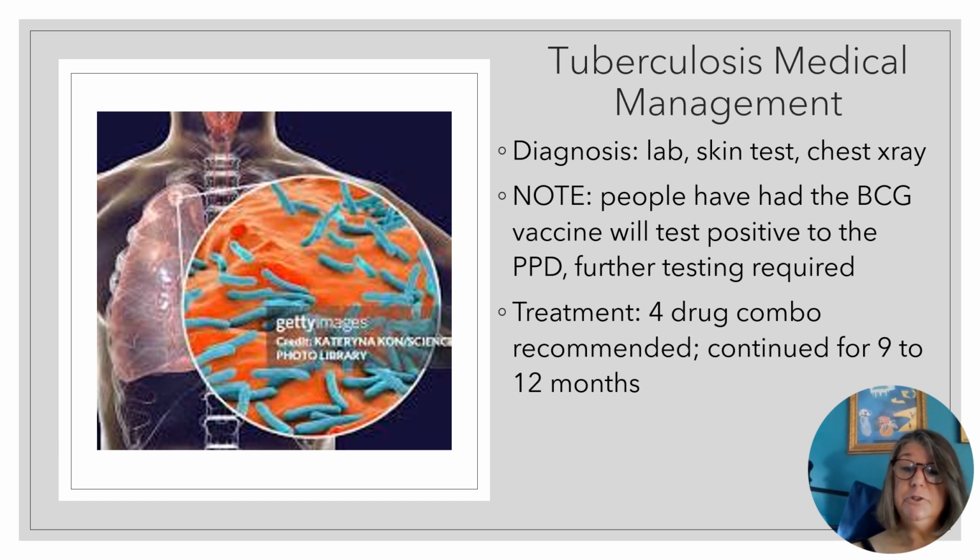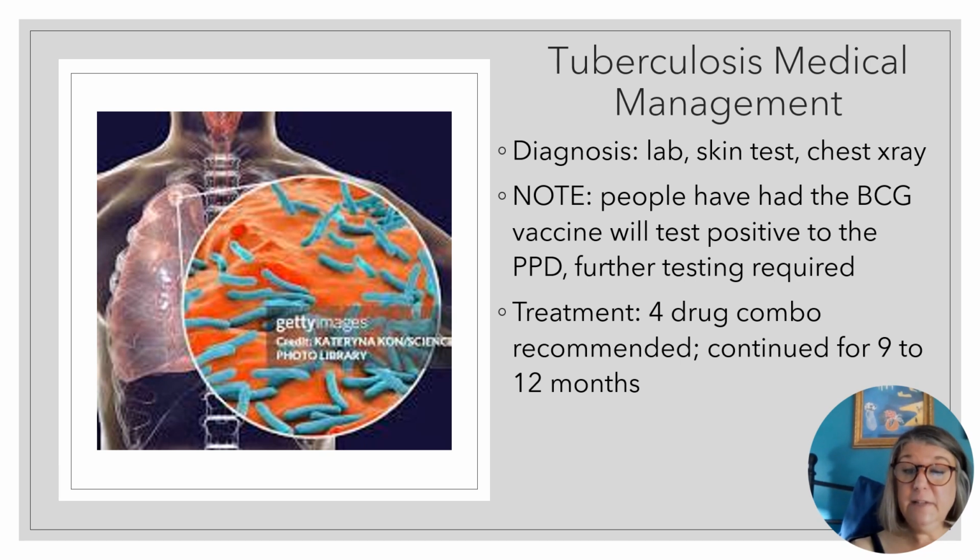Treatment for tuberculosis is a 4-drug combo, and this is continued for 9 to 12 months. Compliance is our number one issue. 4 drugs, 9 to 12 months. Definitely a compliance issue. Tuberculosis is actually, because it's considered a public health threat, a court of law can mandate you to receive TB treatment.